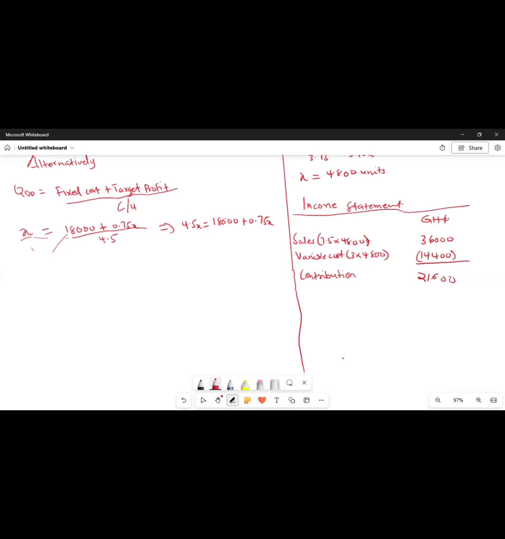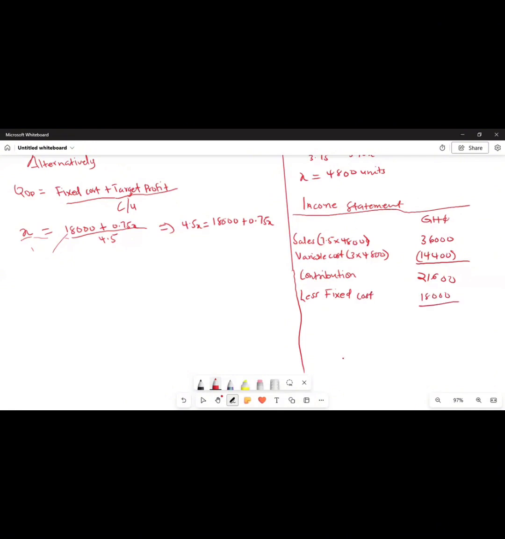Then we less our fixed cost. Our fixed cost for 2022 was 18,000.